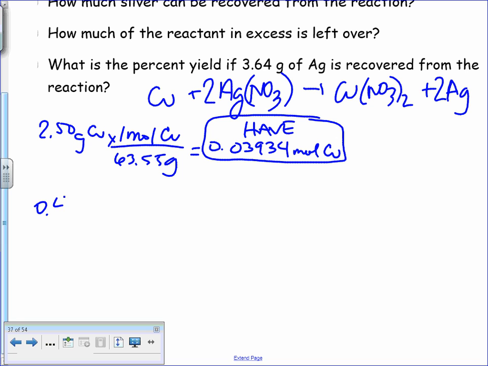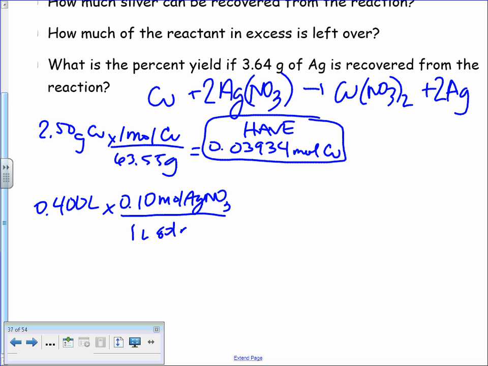So 0.400 liters times, what was the molarity? 0.10 moles of silver nitrate specifically per 1 liter of that solution. So that allows for liters and liters to cancel, giving us 0.04, no, 0.004. 0.04, okay, so 0.04 moles of silver nitrate.